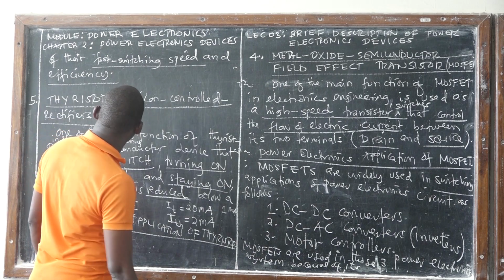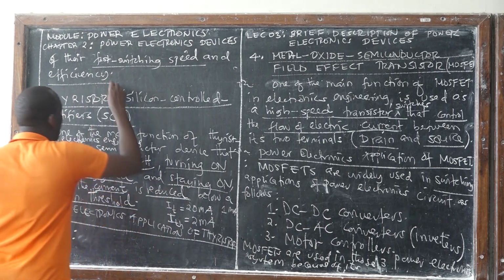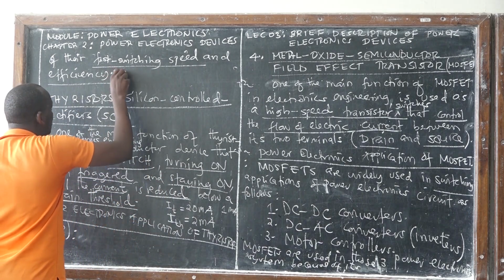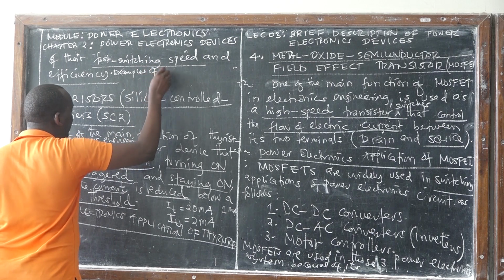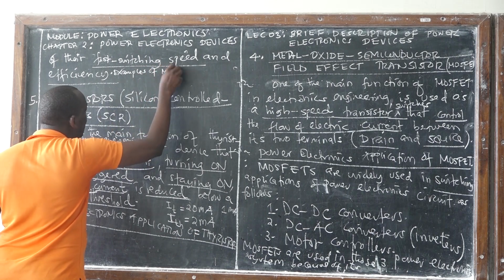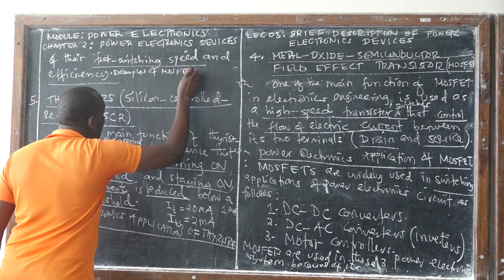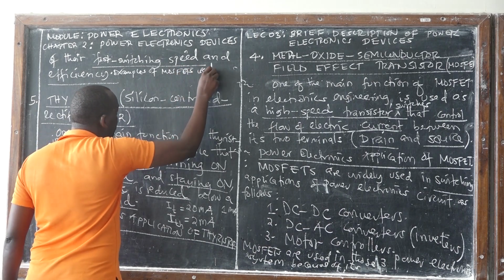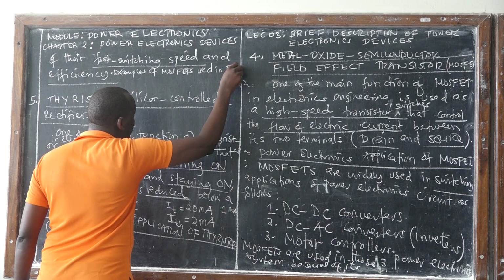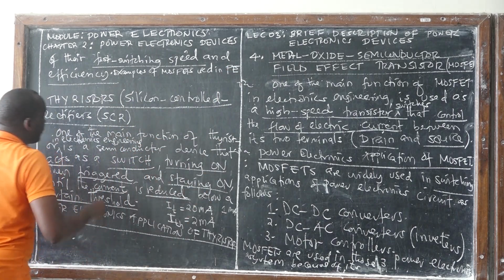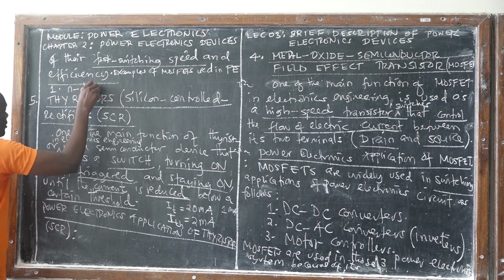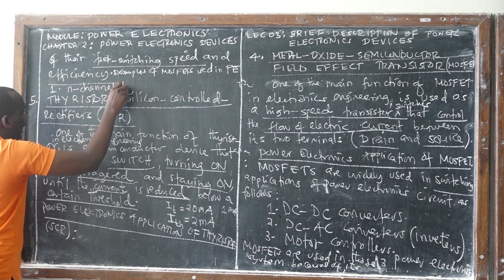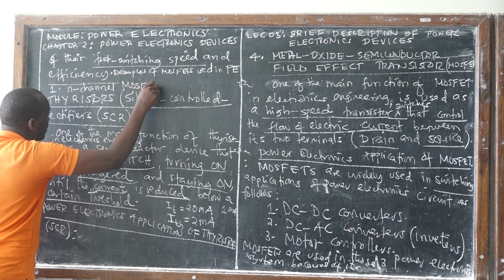And I think I forgot to give you examples here. Examples of MOSFET used in power electronics, PE. The first one is the N-channel MOSFET.